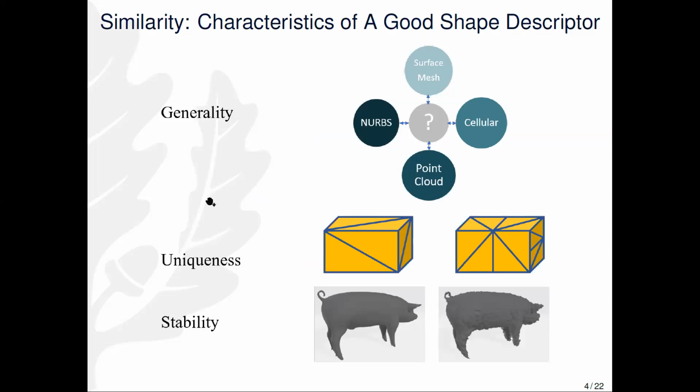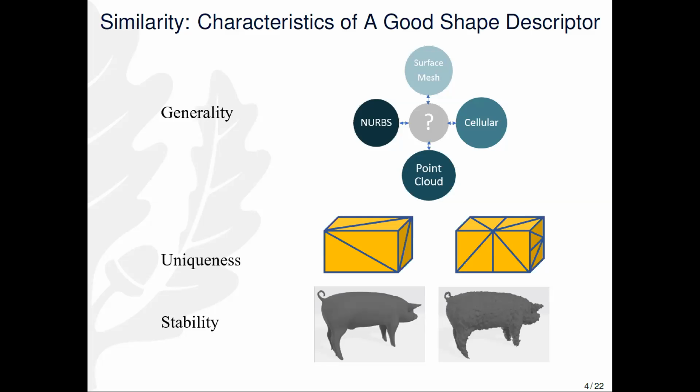The first is generality. It means that the shape descriptor should be built based on an attribute that is shared by most of the representations we are using today. And the second one is uniqueness. It means the mapping between the mathematical model and the shape descriptor should be a one-to-one mapping, and it will save a lot of work for equivalence check.